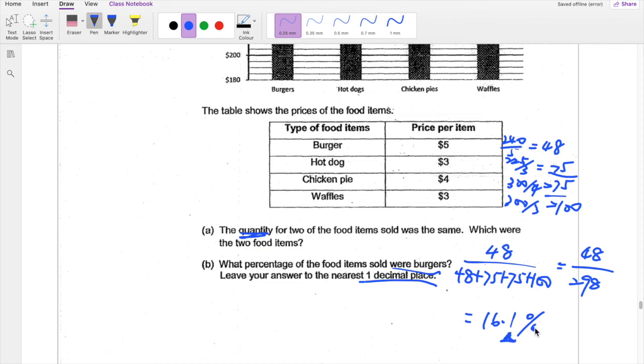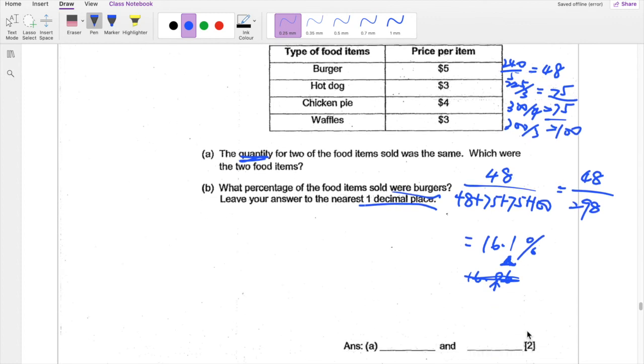Because this is a percentage, we cannot say 6.06 or something. We need to round to only one decimal place. Okay, so it gives 16.1%.